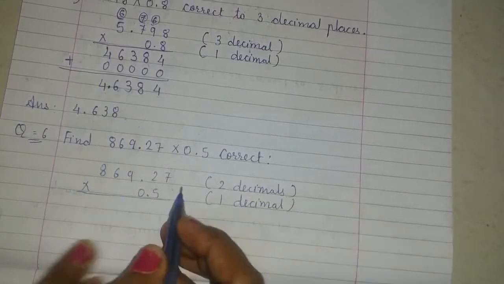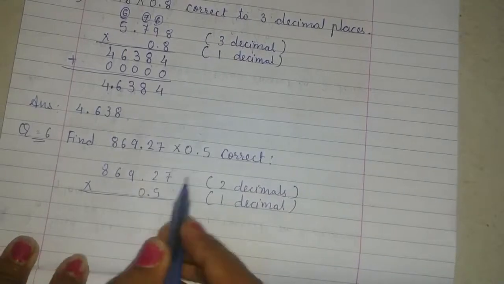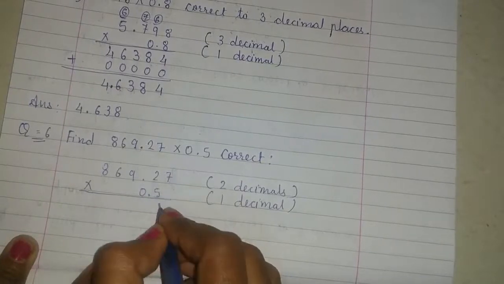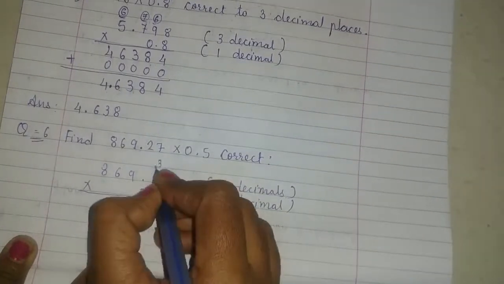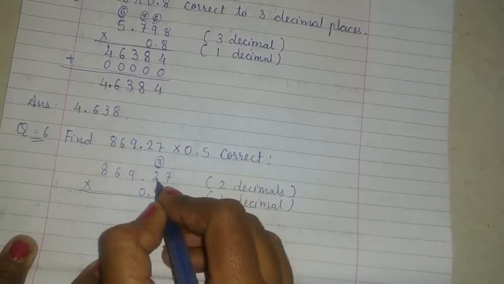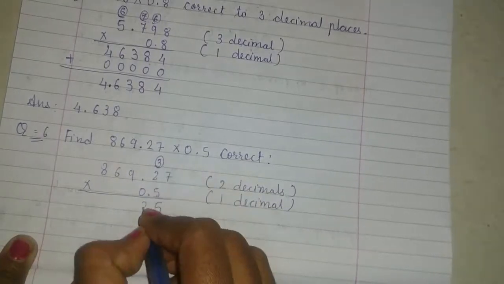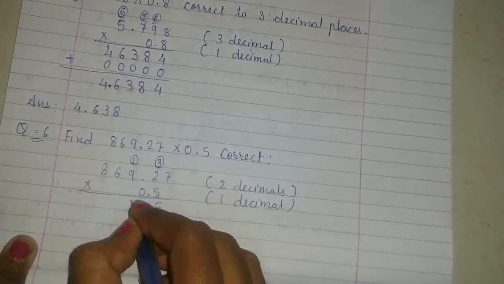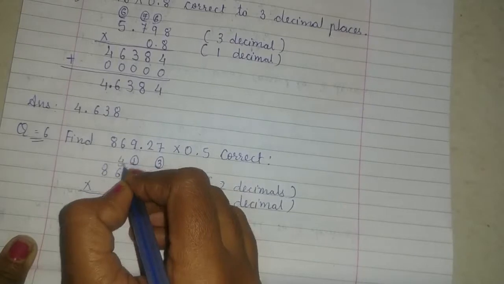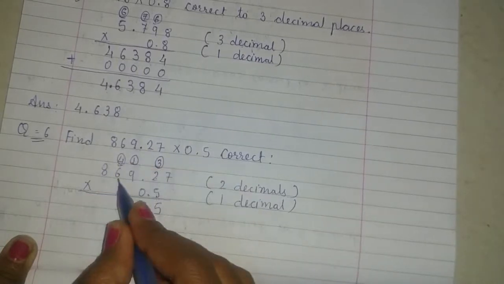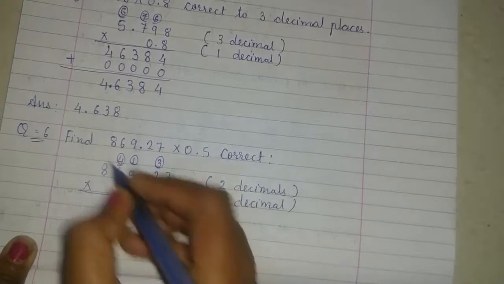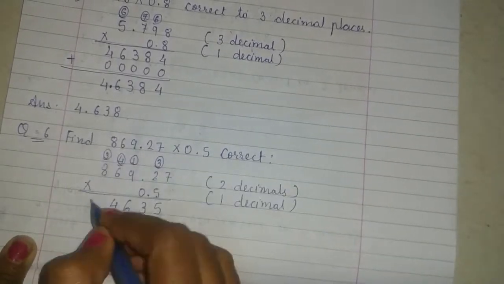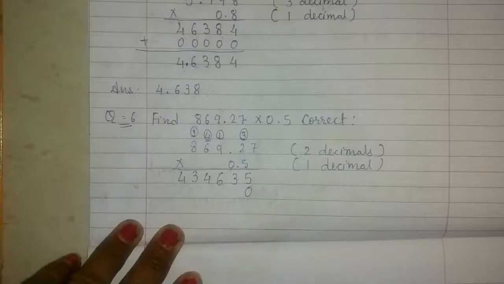Okay, now students, let's forget this decimal and continue our multiplication. 5 sevens are 35, carry over 3, 5 twos are 10, plus 3, 13, carry over 1, 5 nines are 45 plus 1, 46, carry over 4, 5 6s are 30 plus 4, 34, carry over 3, 5 8s are 40 plus 3, 43.